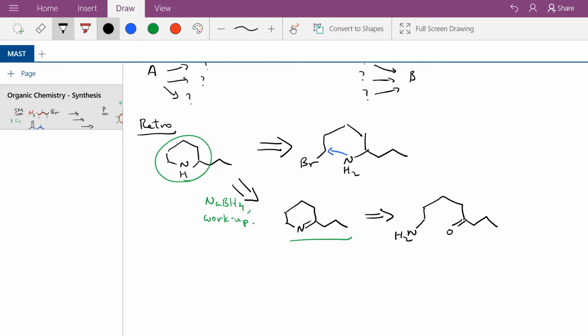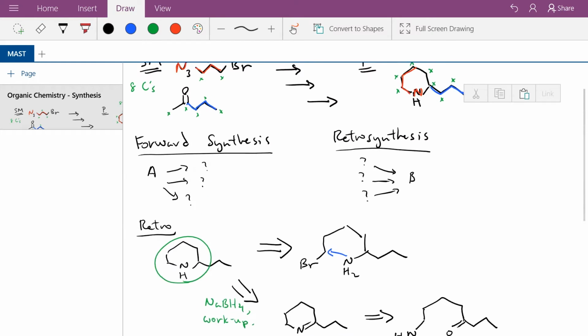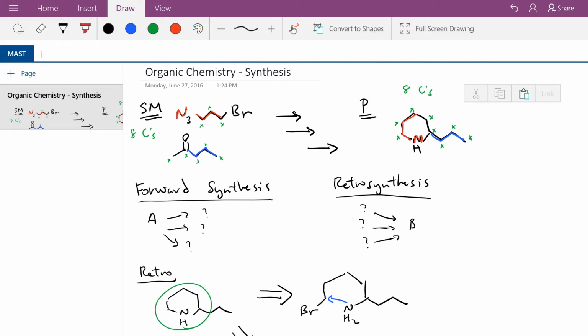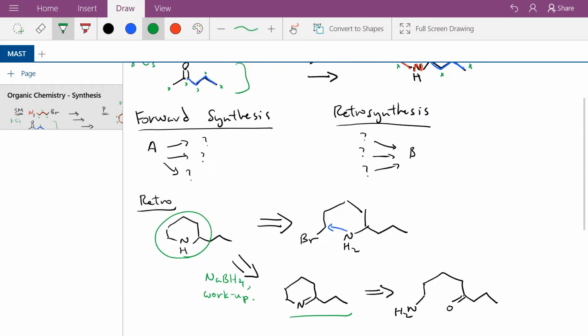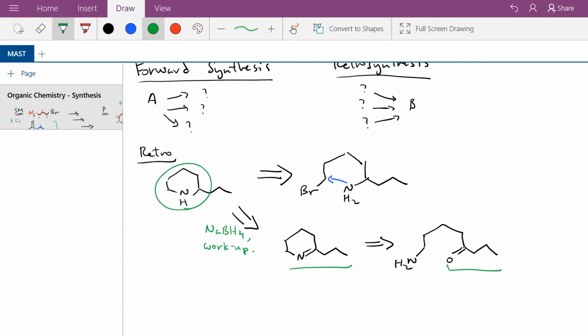H2. And if we compare these two molecules to our starting materials, we notice that one of our starting materials, the one on the bottom here, has a carbonyl just like we do over here.